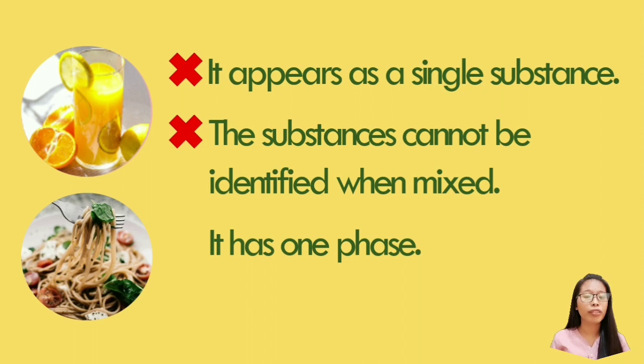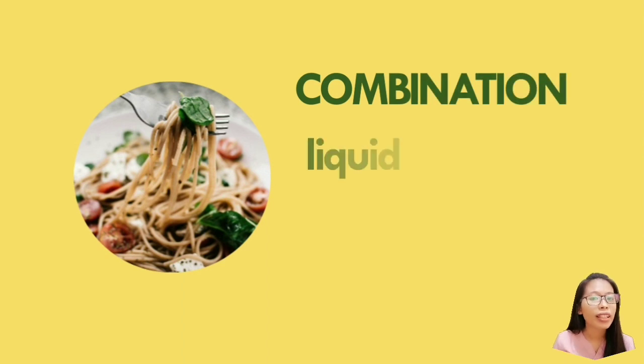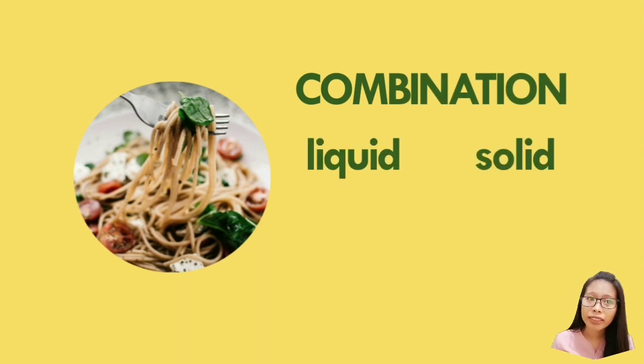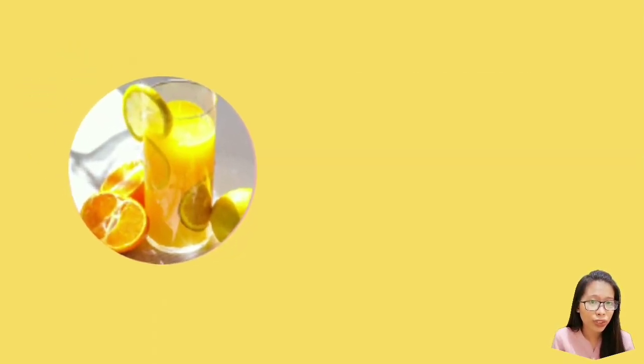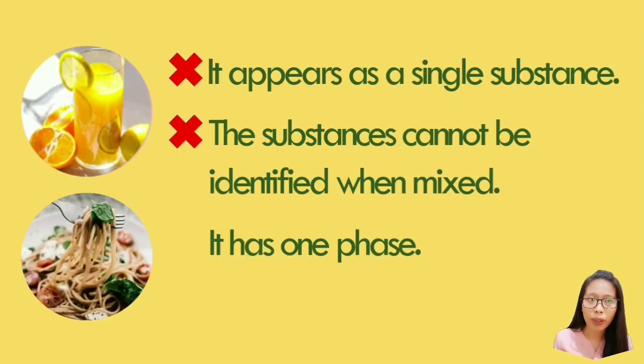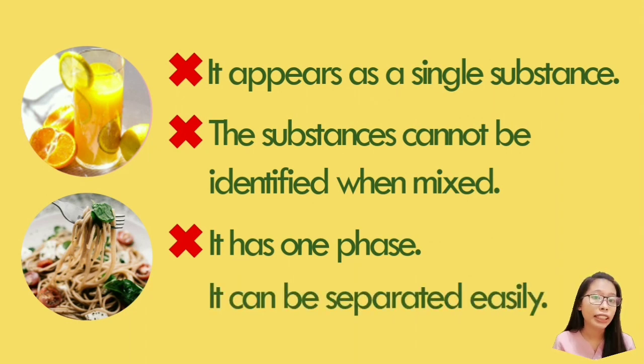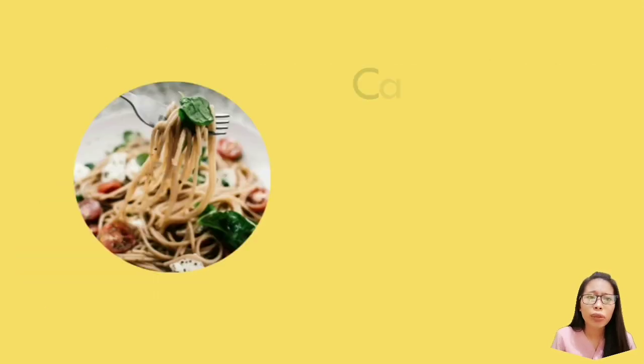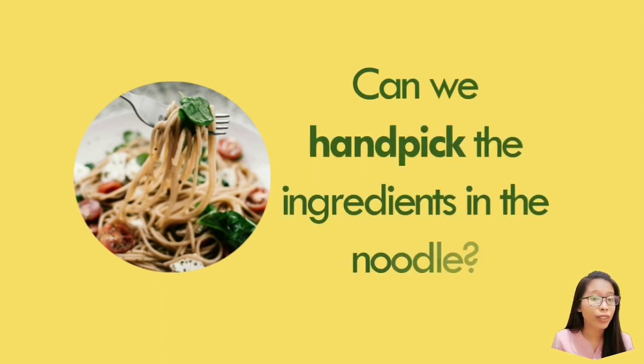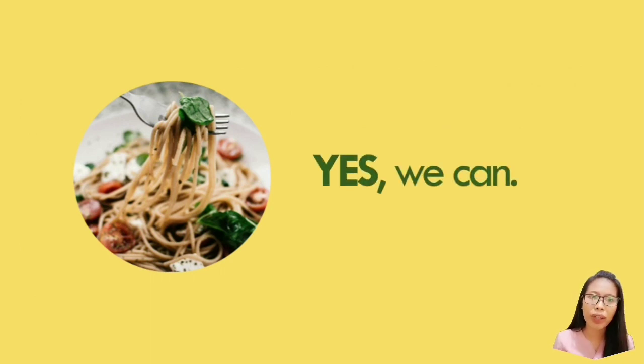Do they have one phase? The noodle is a combination of a liquid and a solid phase. So is the juice. Therefore, they don't have one phase. Can they not be separated easily? Can we handpick the ingredients in the noodles? Yes, we can.